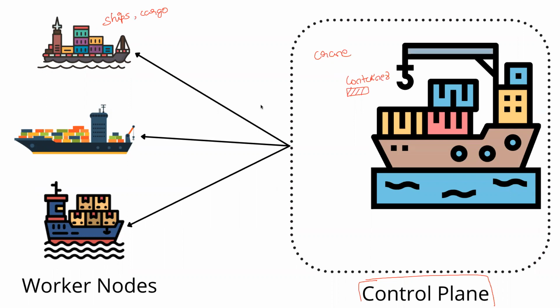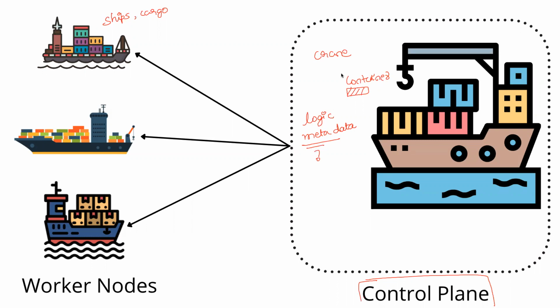Okay, now if this particular crane, or let us say a command control or a control plane, wants to keep putting these containers onto these ships, it has to have some logic, right? Also, it needs to keep this metadata. Now, why does it need to keep the metadata? Very simple.